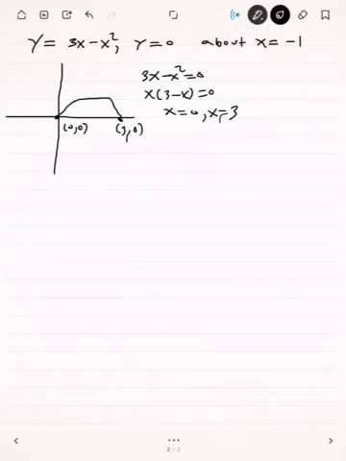Now we want to rotate this about the line x equals -1. So a copy of this will look something like this. I'm not going to have sufficient paper here to draw the entire region, but this gives the point across is supposed to go from -1 to -4 and so on and so forth.